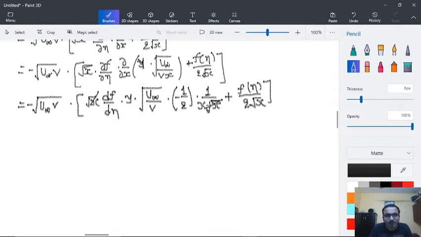Now what we are going to do here, we are having x to the power 1. So we are going to separate them into two, that is we are going to separate 2 square root of x, so that 1 square root of x will go over here and 1 will remain over here. So let's do that.